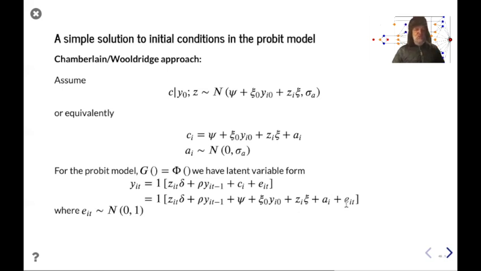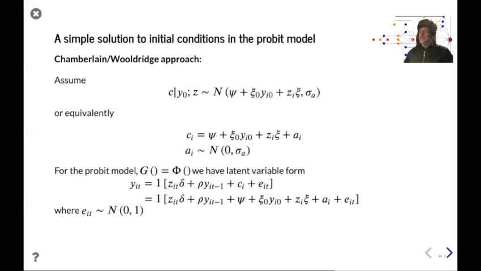Okay, so here again, we essentially have the specification for another probit model. It's a probit model that has this combined error term, but we can estimate this with a standard random effects probit, just like we did last time, but now with an additional set of regressors. So this is why it's kind of simple. You know how to do the random effects model. So now you know how to do the random effects model with a lagged dependent variable.